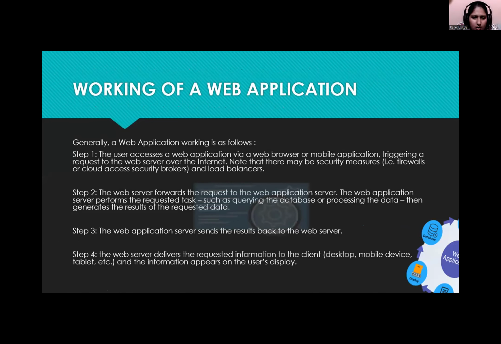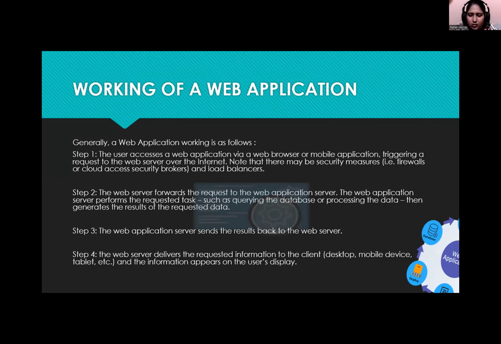What happens in a web application is that the user accesses a web application via a web browser or any other device such as mobile. A request is triggered to the web server over the internet, and there may be security measures, cloud access security brokers and load balancers there.